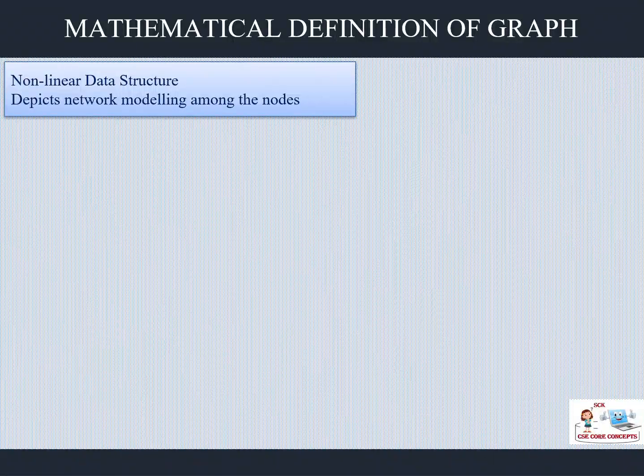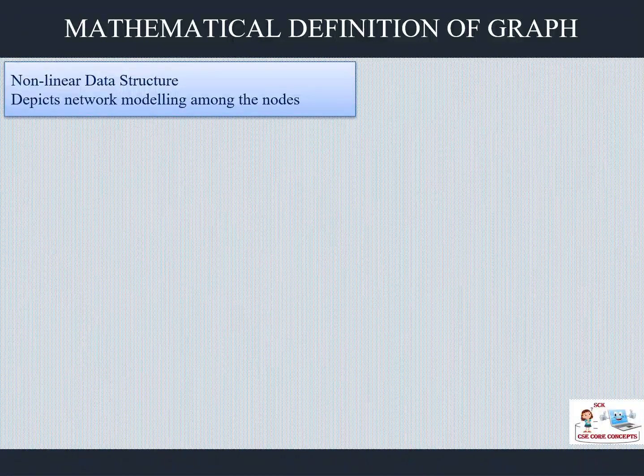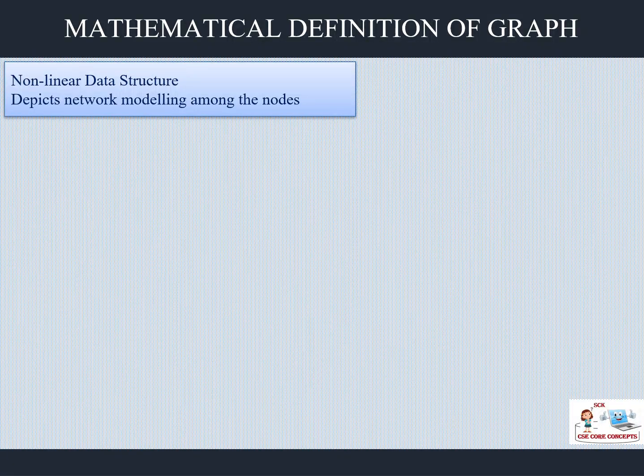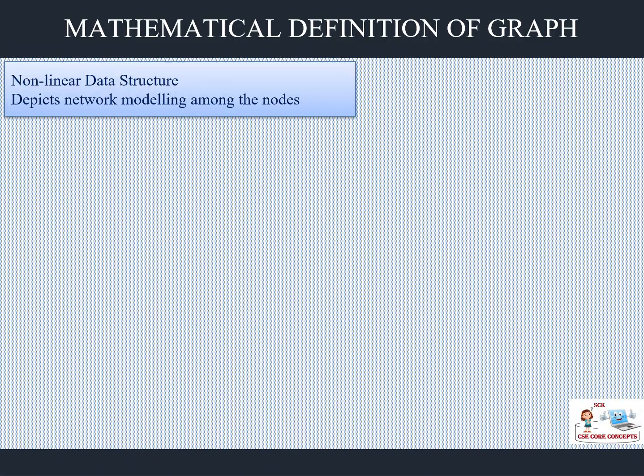What is the difference between trees and graphs? Trees depict a hierarchical relationship, but when your relationship is neither hierarchical nor linear, and you want to show a network type of structure, then it can be represented using a graph. Say you want to show the LAN network of your lab. How will you depict it?